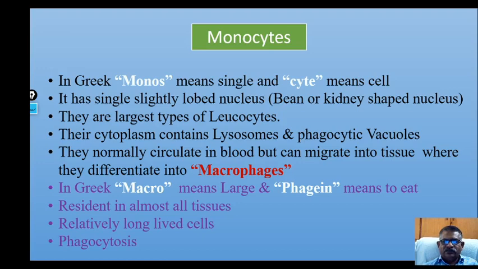When they are in circulation, they are referred to as monocytes, but they can migrate into the tissues where they differentiate into macrophages. As I stated earlier, the movement of the monocyte out of the blood vessel towards the pathogen is referred to as diapedesis.